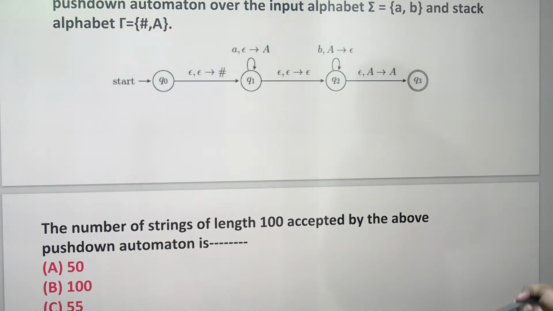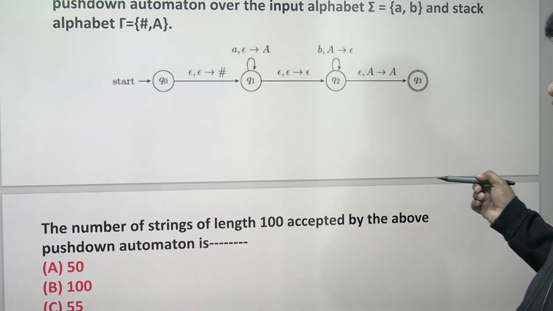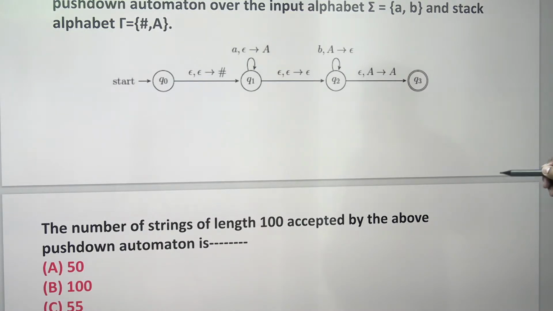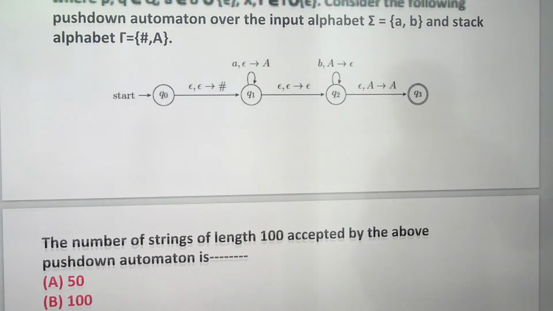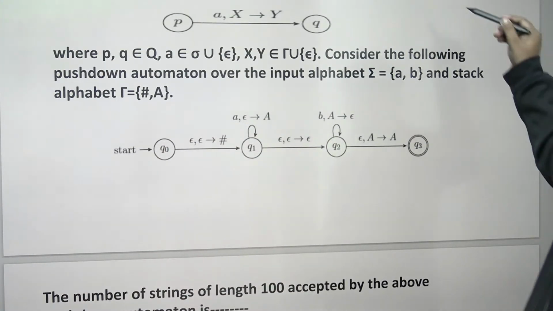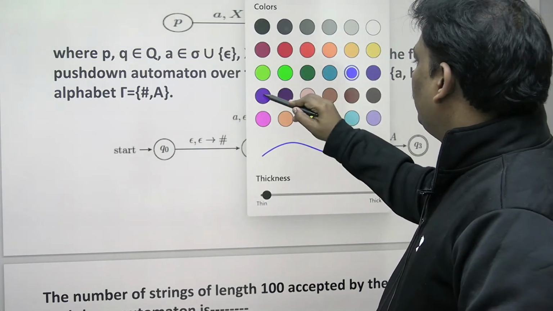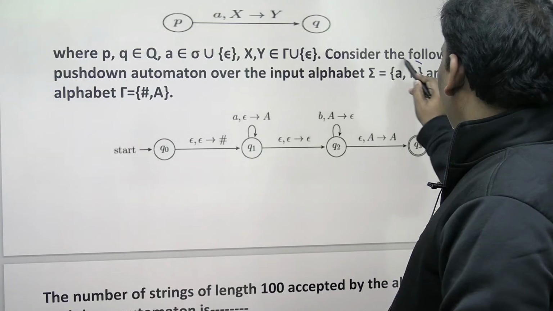Then it asks: the number of strings of length 100 accepted by the above pushdown automaton is how many? And what is the alphabet given? The alphabet given is a, b.